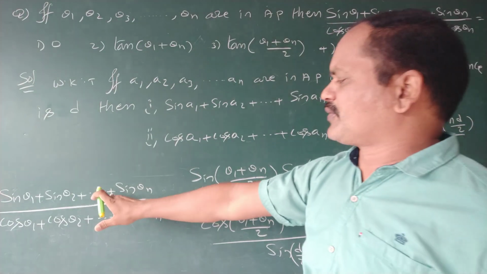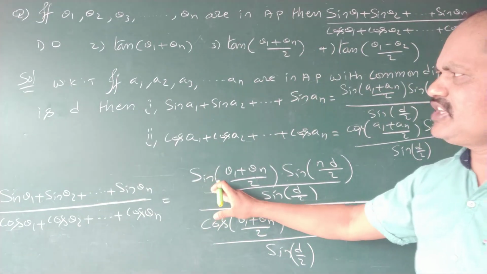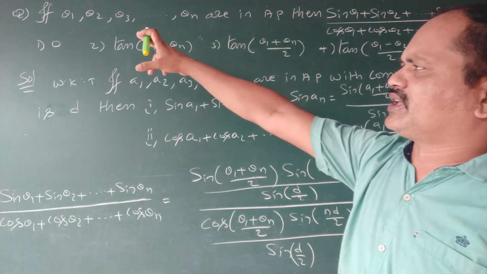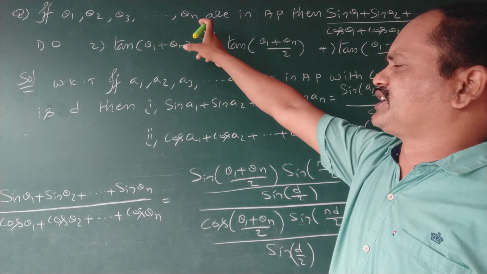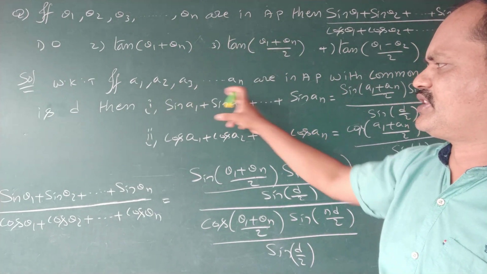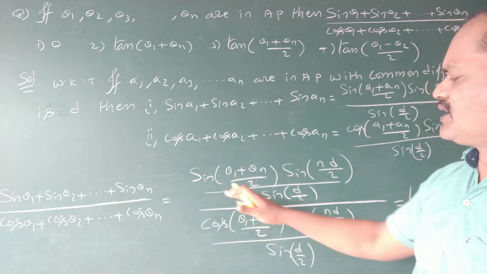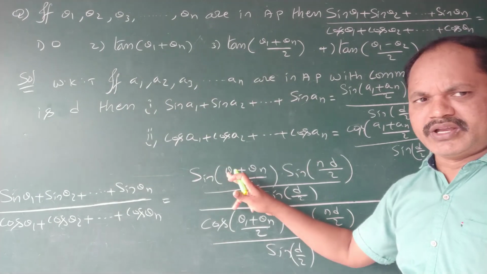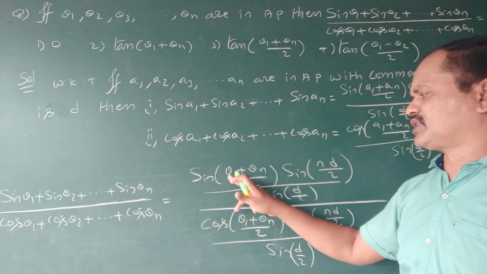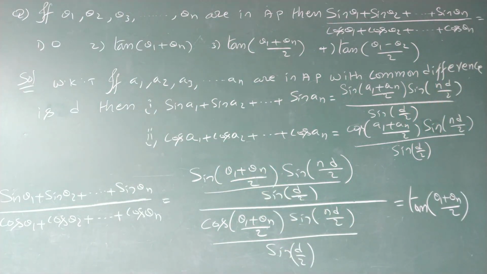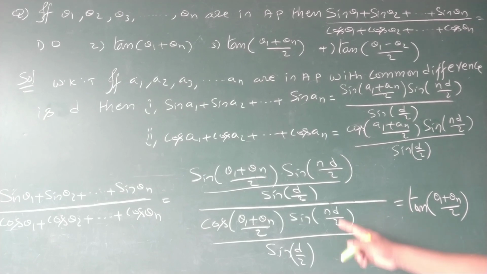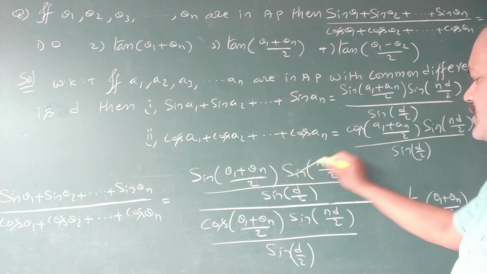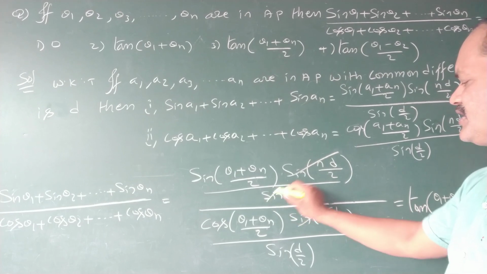Since the given expression has θ1, θ2, θ3, up to θn, comparing with a1, a2, a3, up to an, in place of a1 write θ1, and in place of a2 write θ2. So we get (θ1 plus θn)/2. Now according to these two formulas, these get cancelled and this one gets cancelled.